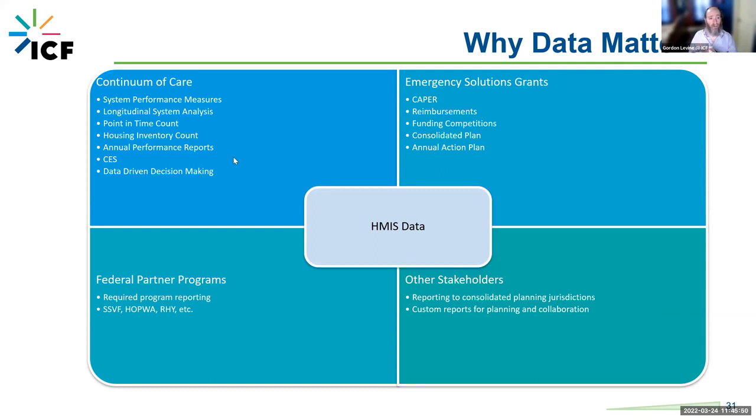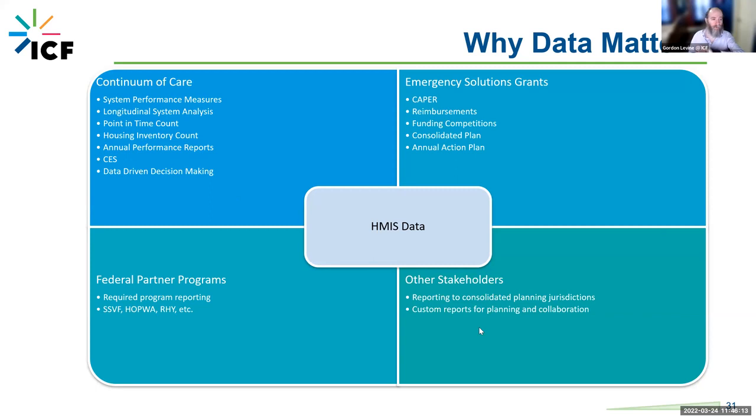It plays into your con plan, your consolidated plan, and your annual action plans. Both of them take HMIS data, and every single time you put together a con plan or an AAP, HMIS is the first place you're going to look for data. And if you've got crappy data in your HMIS, you're going to have lousy data in your con plan and your AAP.